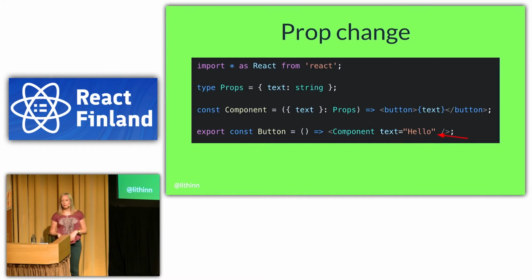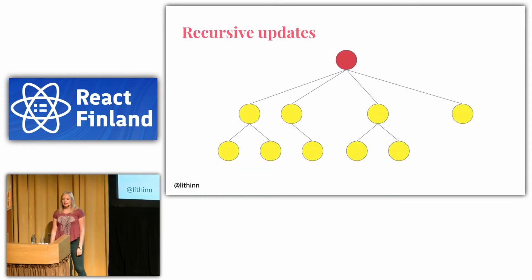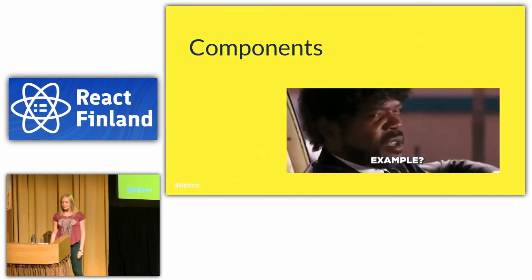And if you change a prop, you've got the text, and when you change hello to hello world, the button will re-render. And as I said, it's a recursive update, so if you make a change at the very top level, then React will have to go to the children to check if they need to be re-rendered, and then the children's children, etc. So it sort of bubbles through your application a lot.